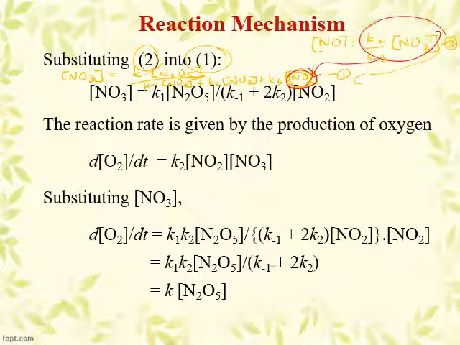That's why we end up getting k1[N2O5] divided by k-1 plus 2k2. Now this becomes k3 multiplied by k2 over k3 just now, right? So we can cross out k3. That's why we have k2 here. So now it becomes 2k2: one k2 here, another k2 here, so 2k2[NO2].